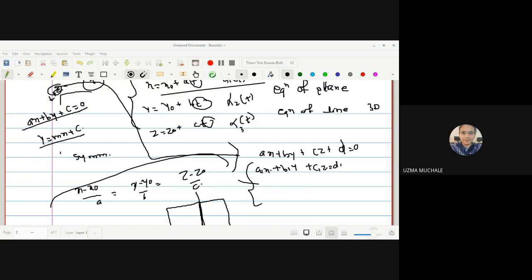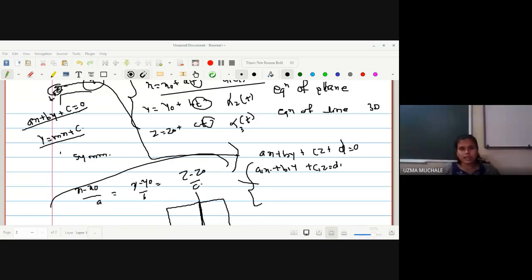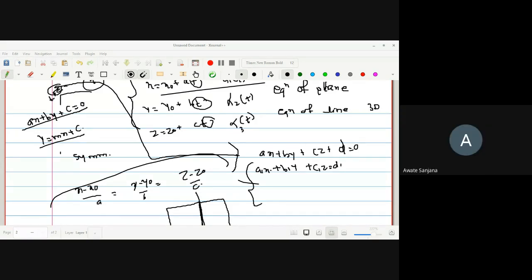Okay, just tell me, if I want to find the equation of a line in 3D space, what do I need? To write the equation of a line in 3D space, what do I need? What will you need to write the equation of a line? Direction ratios.